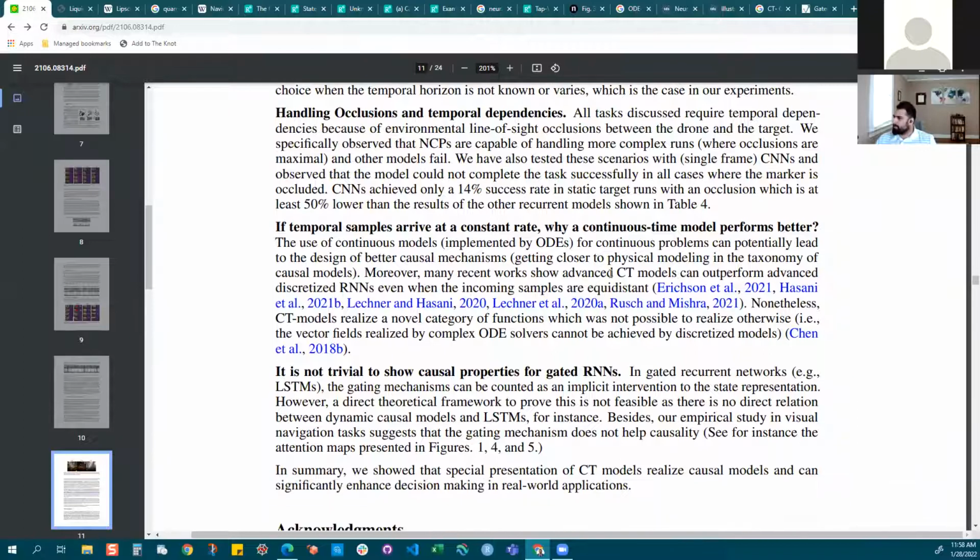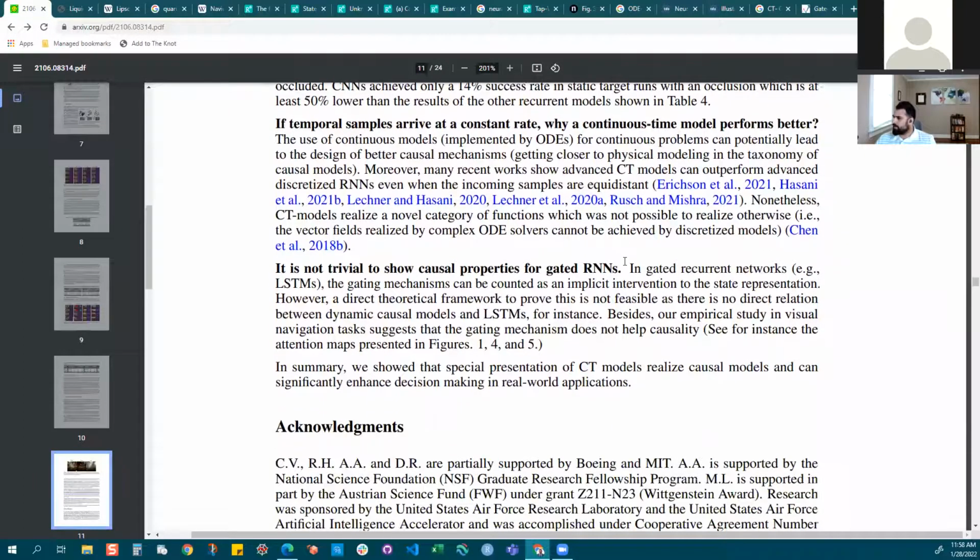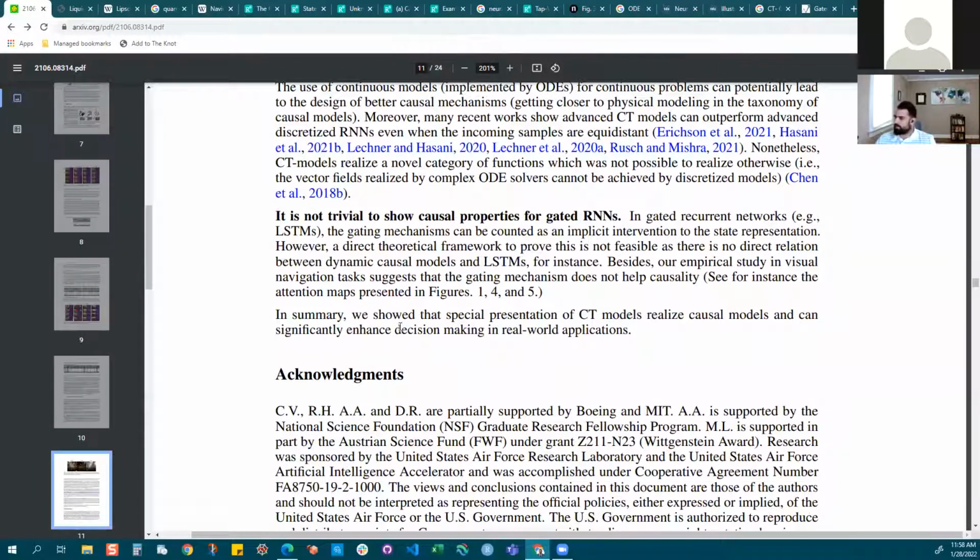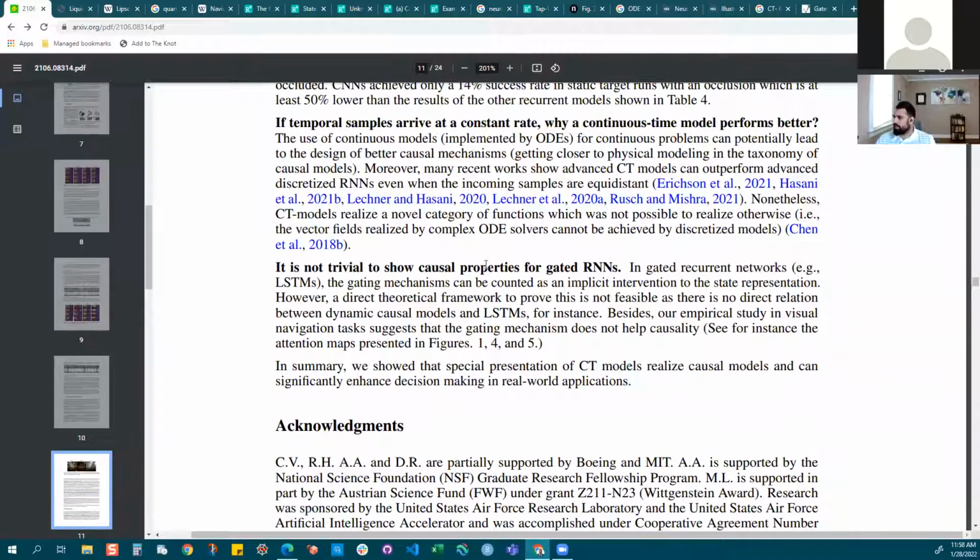And then they talk about how this can be coupled in the future with recurrent neural networks to get better results. And then at the end, they show the spatial presentation of continuous time models realizing causal models and how they can significantly enhance decision making in real world application.